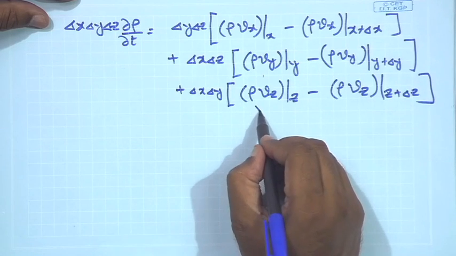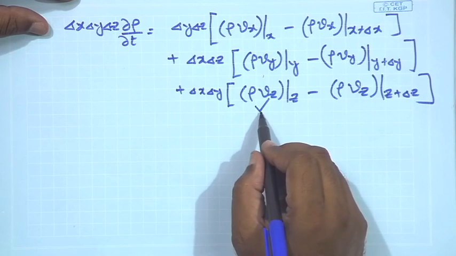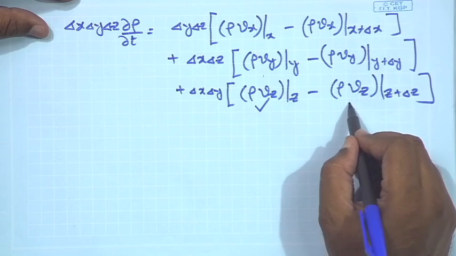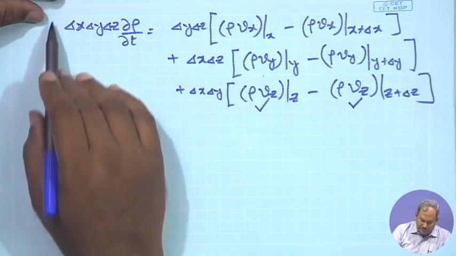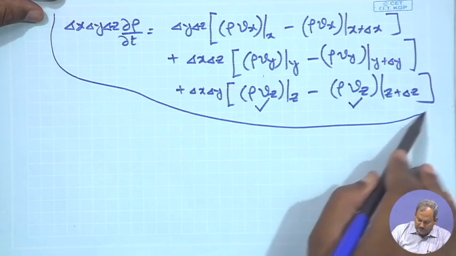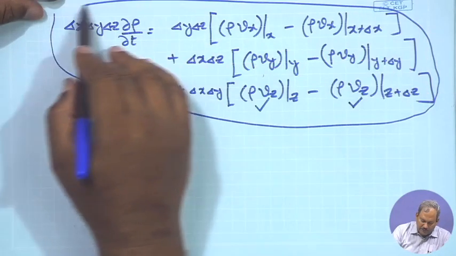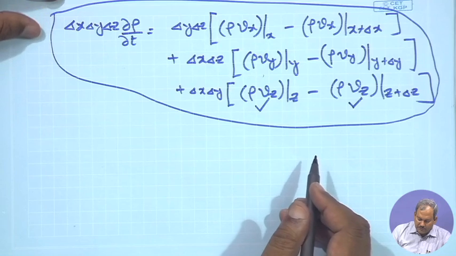So, this is the in term through face z, and the out term through face z. In other words, in difference form, this is essentially what is known as the conservation of mass.